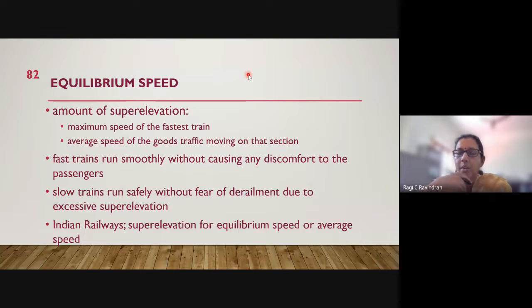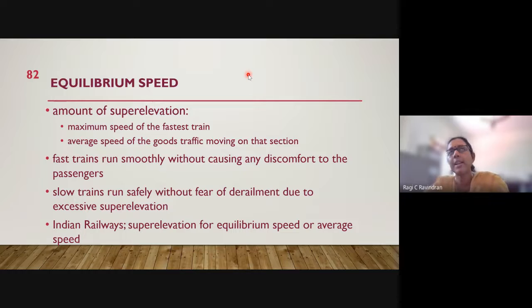The speed of the fastest train and also the average speed of the goods train moving on each railway track have an effect because of the amount of super elevation. You might have noticed that when negotiating a curve on a railway track, the speed of the trains gets reduced. Even the fastest moving train reduces its speed.